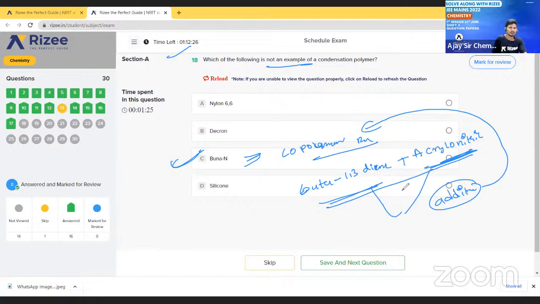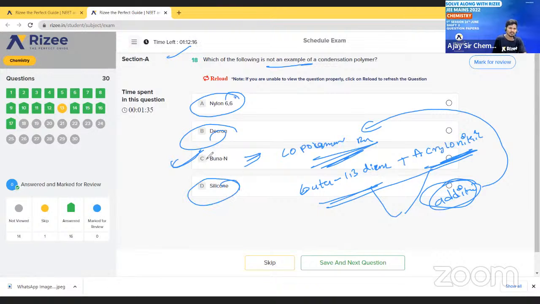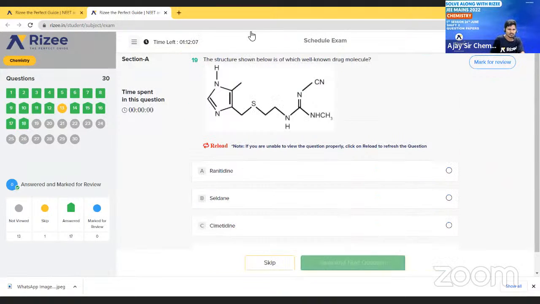So basically this is a copolymer reaction. Addition happens, so there is no condensation. Condensation happens in nylon 66, terylene and silicone. But in Buna-N there is no condensation reaction. So that is a copolymer reaction. Correct option is C.